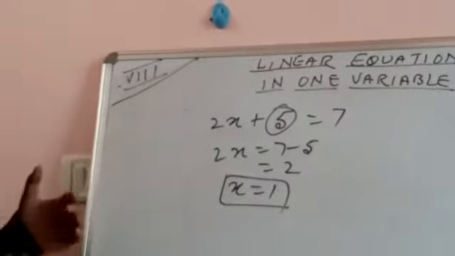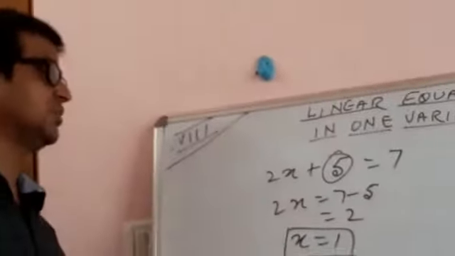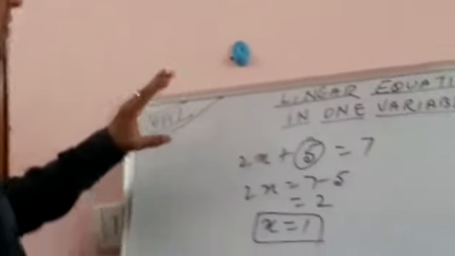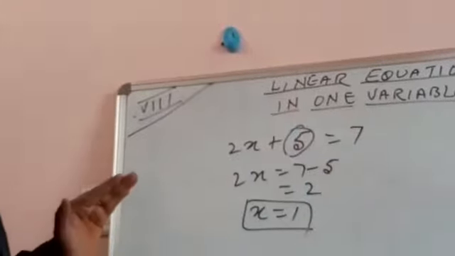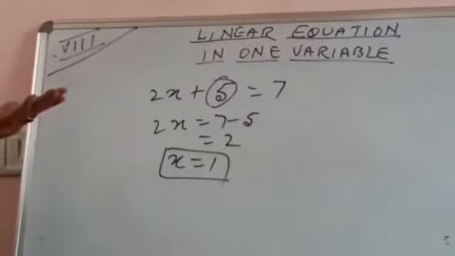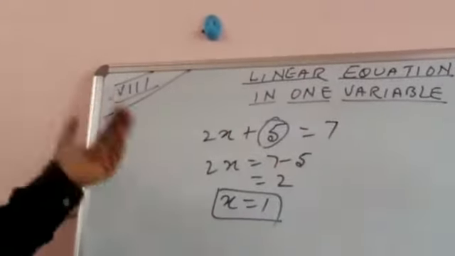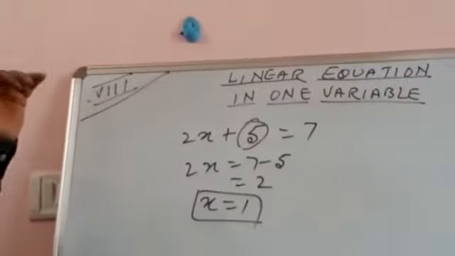But what is important, what we need to explain to you here, is this: whenever this plus is brought from the left side to the right side, why does it become minus, minus become plus, multiplication become divide, divide become multiplication?